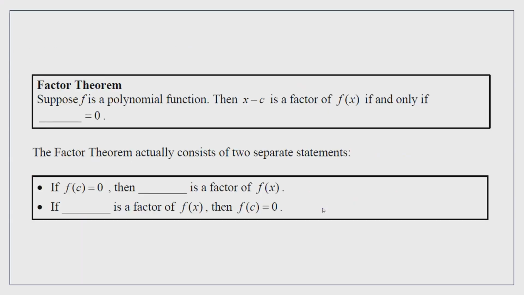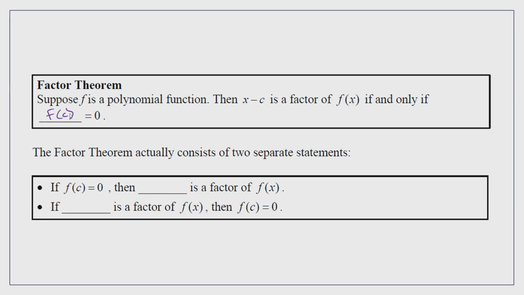The factor theorem states, suppose f is a polynomial function. Then x minus c is a factor of f of x if and only if f of c equals 0. Okay? So a consequence of the remainder theorem is the factor theorem.